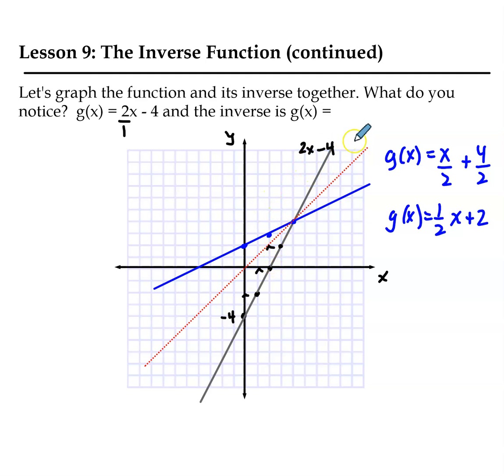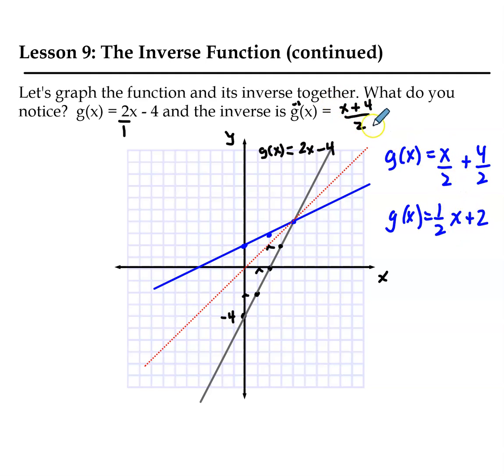When I calculate the inverse, we calculated it as g at x equals x plus 4 over 2. So if we were to plot the inverse function of g at x, we have to break it into 2 component parts.